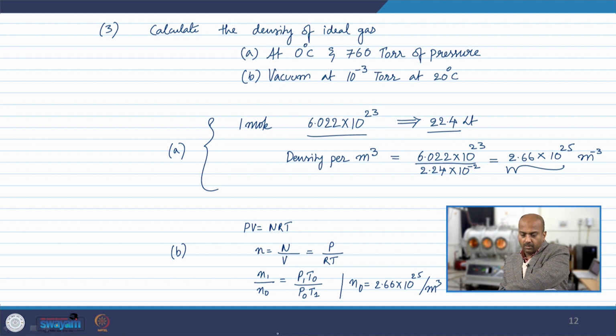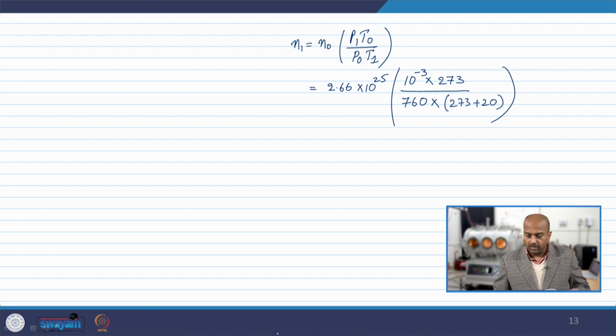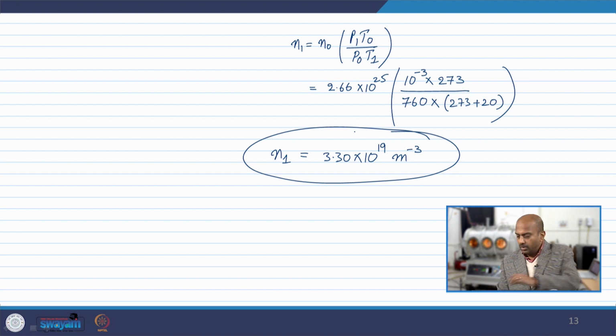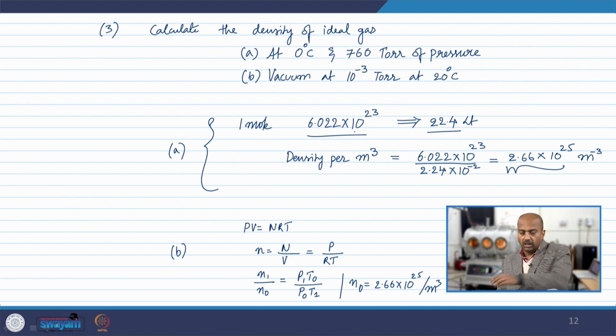So, the two pressures given are 10 to the power of minus 3 torr and 760. If you do this, the value that you will get is 3.30 times 10 to the power of 19 per meter cube, which will be N1. What is this N1? N1 is the number of molecules that will be present at this pressure and at this temperature.